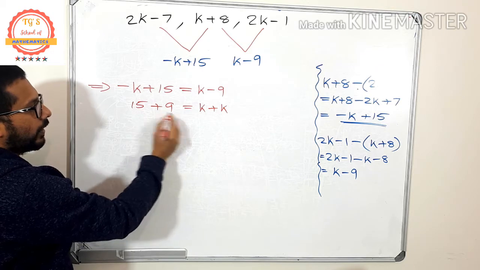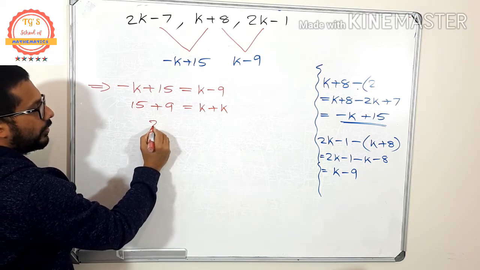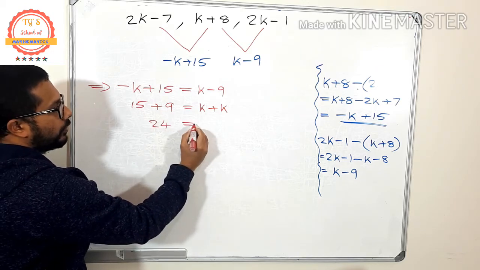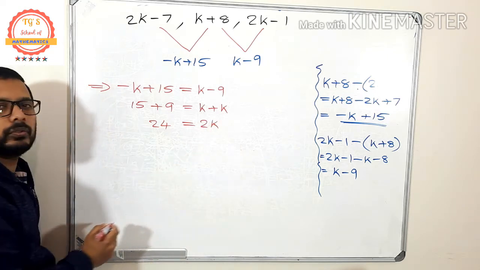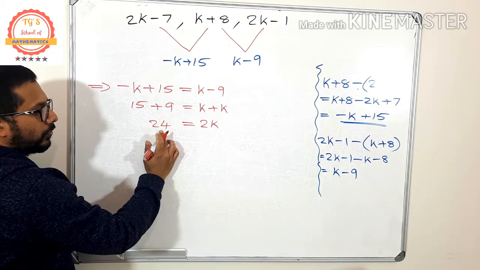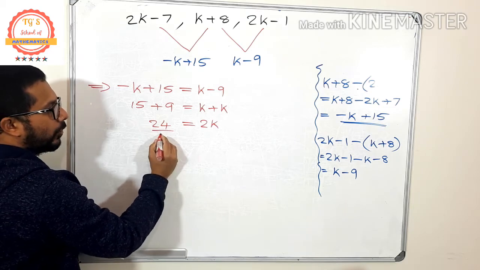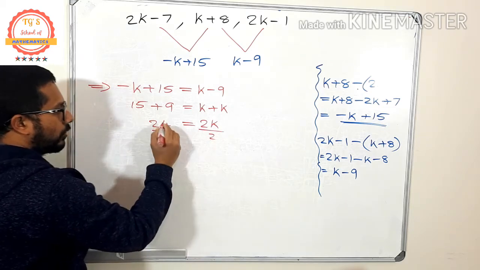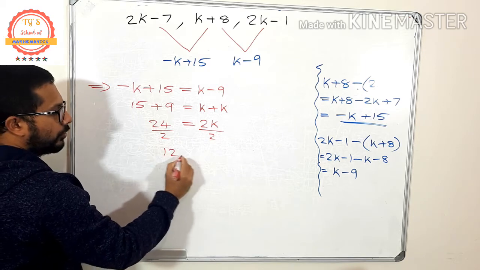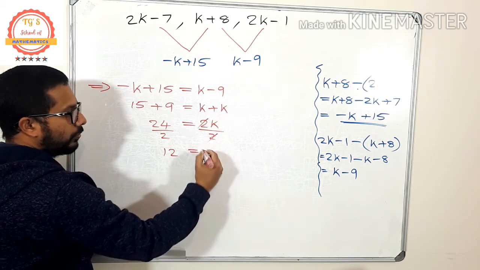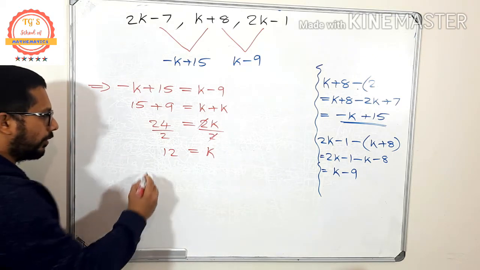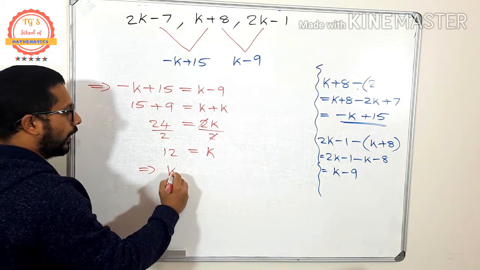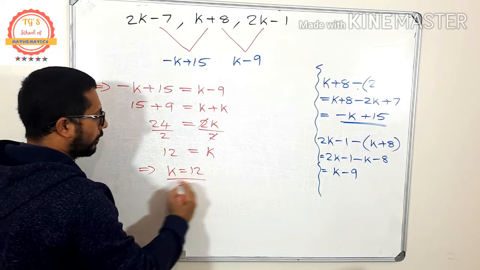So 15 plus 9 is 24, equal to k plus k is 2k. So 2k is equal to 24. So what is k? Divide both sides by 2. So 24 divided by 2 is 12, this 2 and 2 cancel. So what is the value of k now? It implies that the value of k is equal to 12.